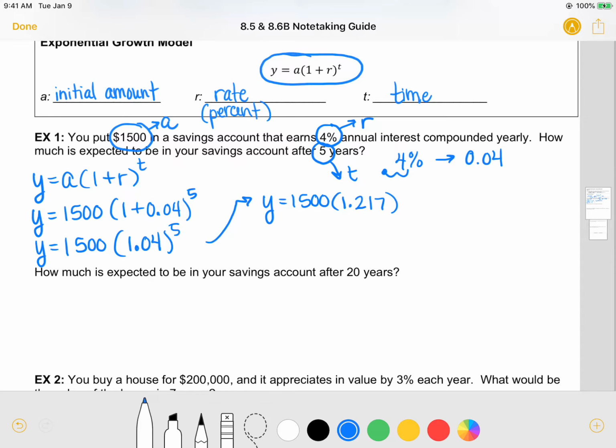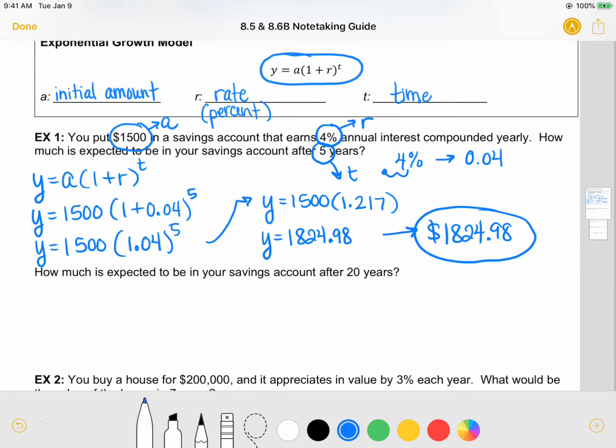So that's going to give us then a grand total of $1,824.98. Okay? So if I have $1,500 in my savings account and I leave it in there for 5 years, what will happen is I will have $1,824.98. Okay? So that means that I'm going to get $325 approximately just for letting the bank borrow my money.